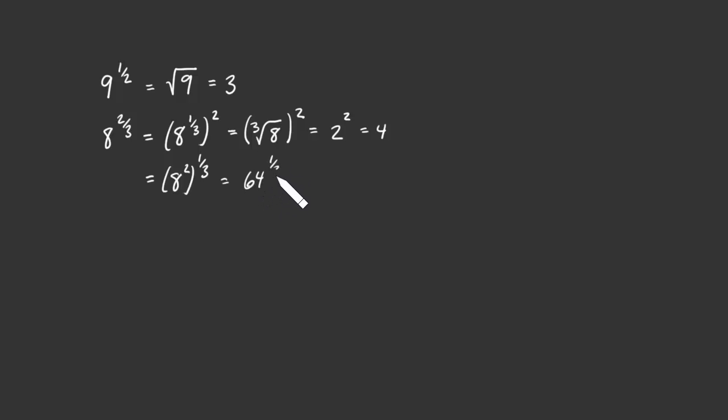And then, of course, you're raising that to the 1/3. And this is the cube root of 64. But look how much more difficult this is because the numbers are larger, right? You may know that the cube root of 64 is 4, you may not. But certainly everybody should know 2 squared is equal to 4. So when you have a choice here, deal with this taking of a root first if you can, if it's convenient. Okay?